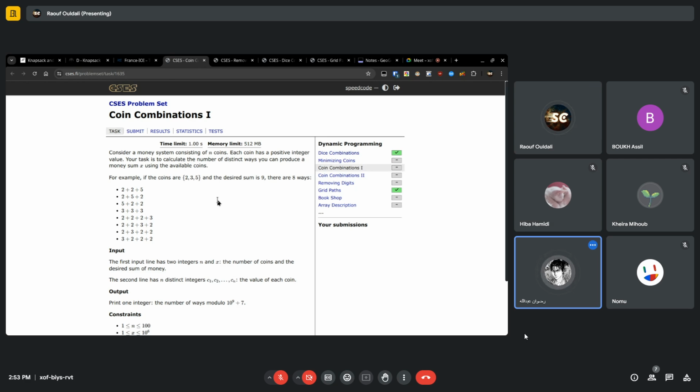If we subtract three from nine, we get six. We can subtract three or two from six. If we subtract three, we get three. We can subtract three again, we get zero. So that's the second way. And we can do this for all combinations, I guess.